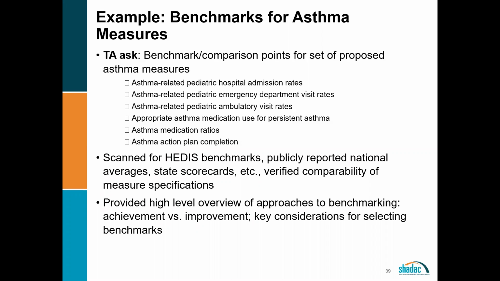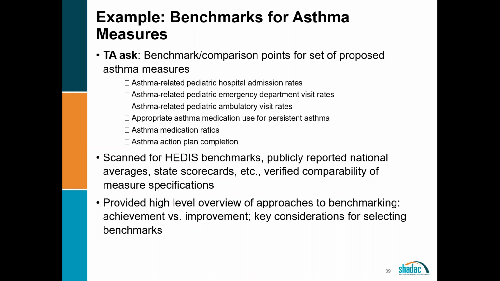So, for example, there's two high-level approaches. One might be to set a benchmark where you're comparing performance against a particular level. So maybe your goal is to get everybody up to the 90th percentile on a given measure. On the other hand, that may not be feasible, and what you're really interested in is tracking people's improvement over time.